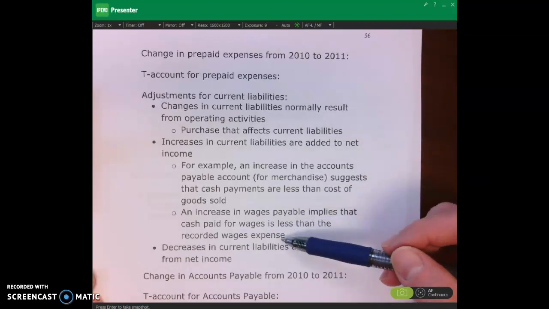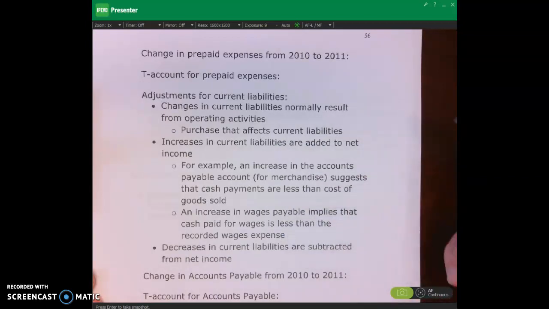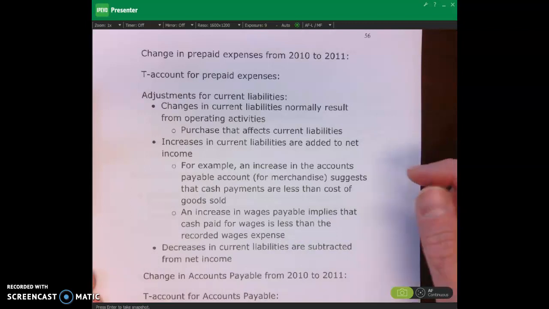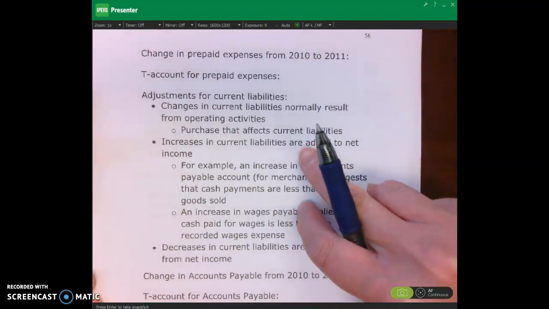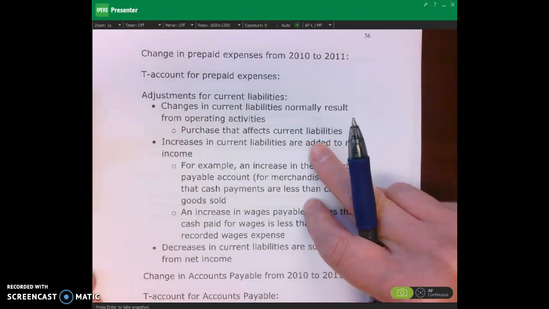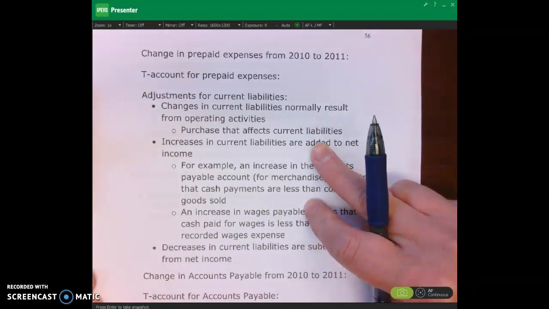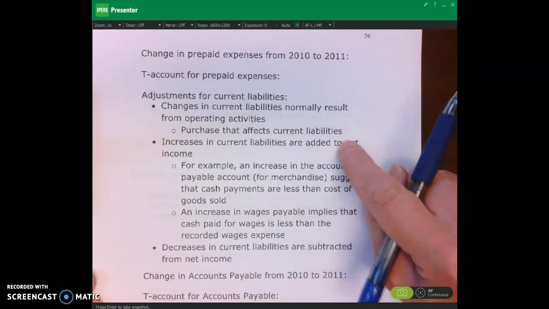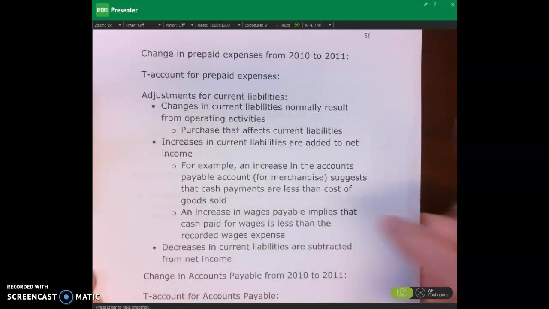A decrease in current liabilities is subtracted from net income. This is the exact reverse rule of non-cash current assets. With current assets, an increase is subtracted, a decrease is added. With current liabilities, an increase is added, a decrease is subtracted.